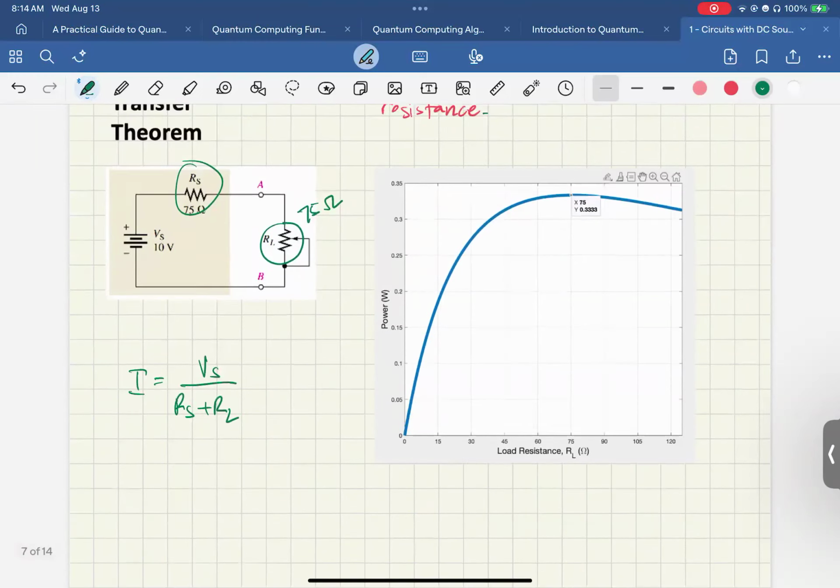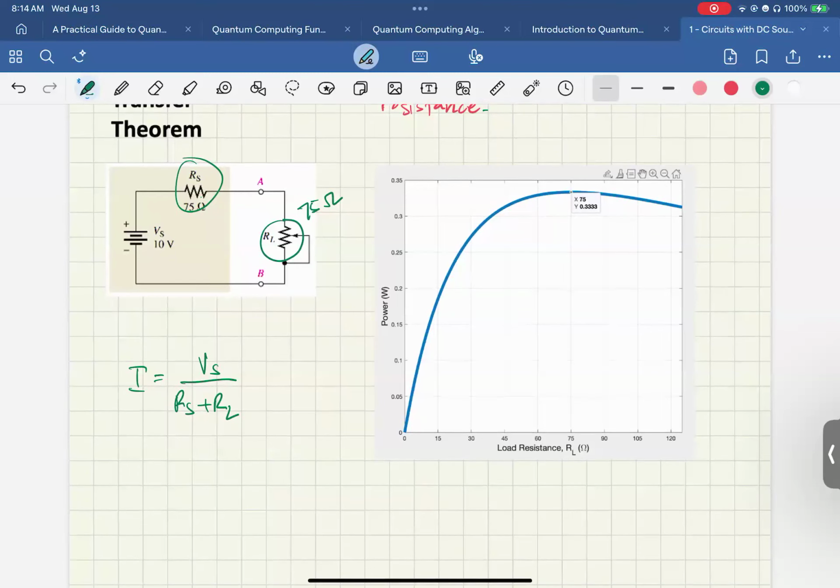Okay, so nakuha yan. Ito lang yan, yung circuit lang na ito. So yung current through this loop is, di ba, 10 volts minus current times RS, minus current times RL is equal to 0. And when you isolate yung current term, you get this equation.